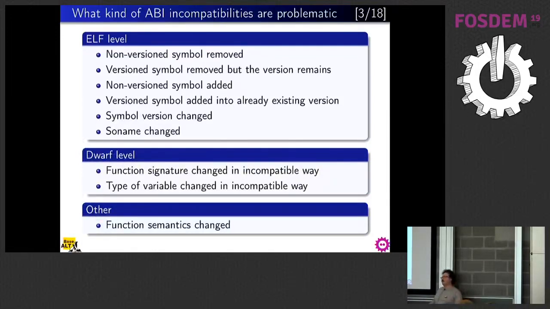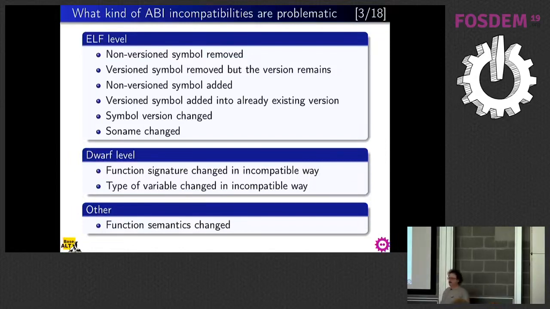They could be built with a newer library than you have. And you shouldn't really change the version of a symbol, but some projects are not aware of this, and they do, and changing of version is almost as bad as removing a symbol.